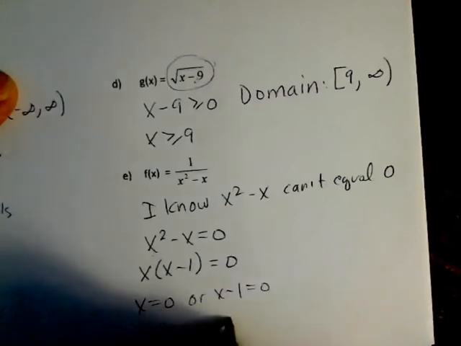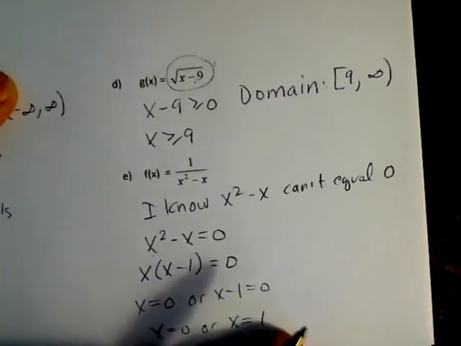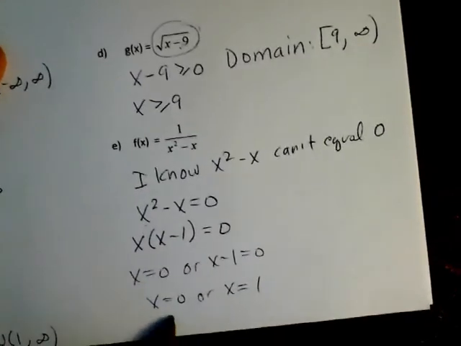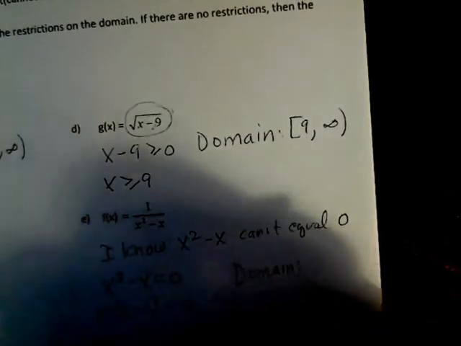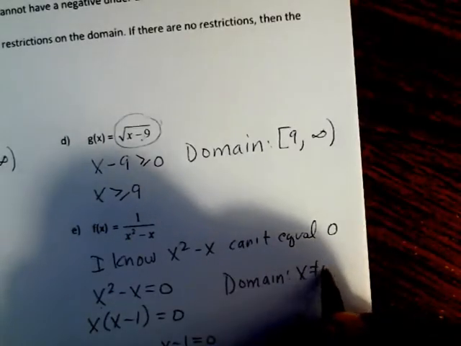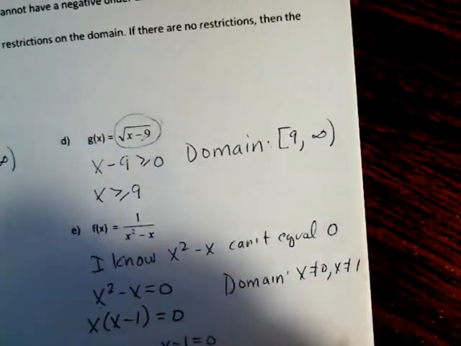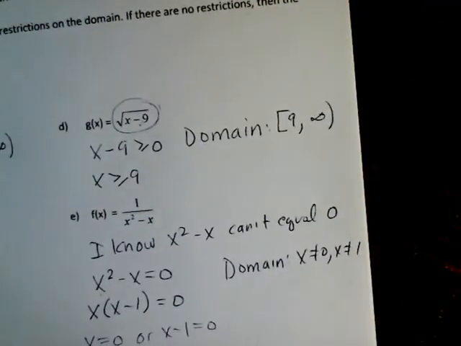So our two values that are going to give us 0 in the denominator are 0 and 1. So my domain is x cannot be 0, x cannot be 1. Okay, so that's your domain. And we're going to do plenty of these next time we meet.